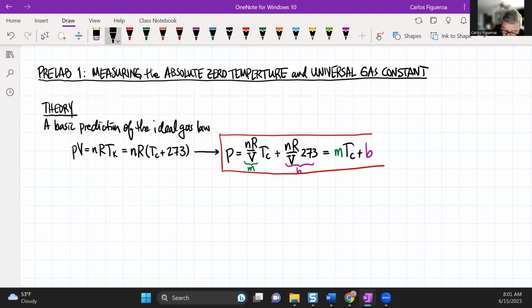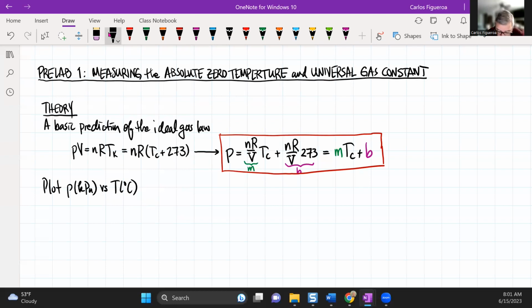Now we want to plot P in kilopascals versus T in degrees Celsius.